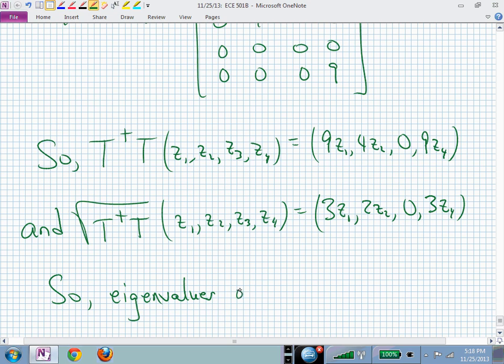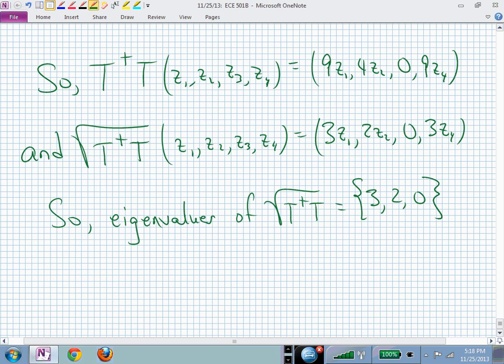So the eigenvalues of this positive square root of T dagger T are what? 3, 2, 0. Well, if I repeat them, maybe I shouldn't repeat them. So that I now have 3, 2, and 0, right? Those are all on the diagonal, so I can just take those as the eigenvalues.